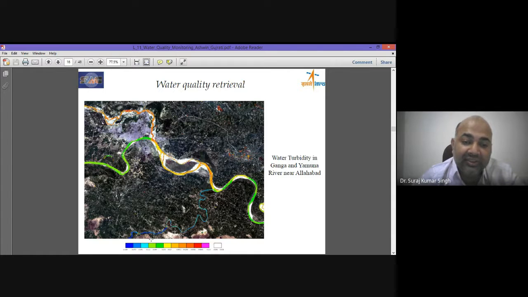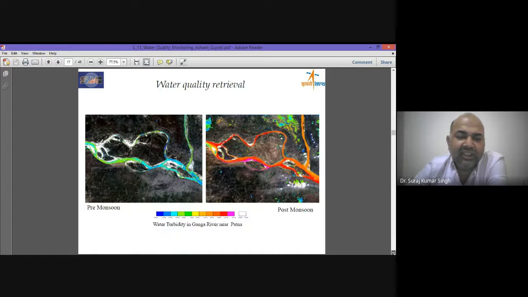Using these formulas and indices, we can show through various signatures and colors which zones have high water quality and which areas have poor quality. Such analysis can be easily mapped and shown using satellite images.